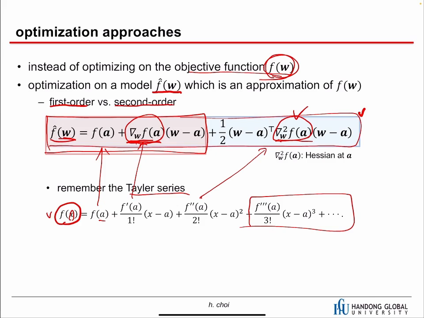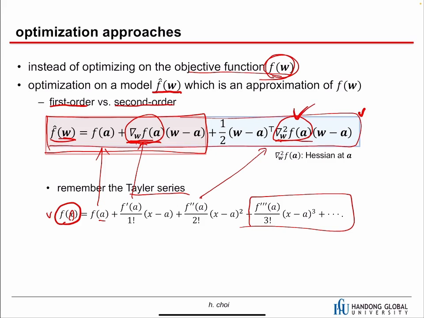It could be huge. 1 million would be a tiny little parameter space these days. Sometimes we can have 1 billion parameters. Then if it is 1 billion parameters, most of the time this is not possible.